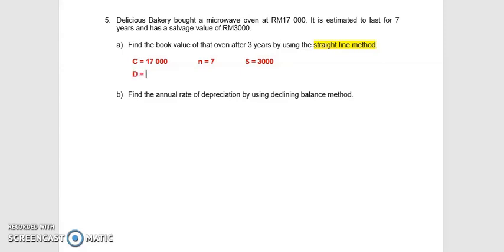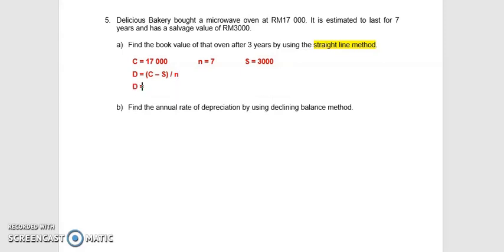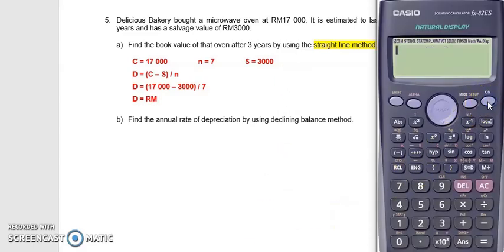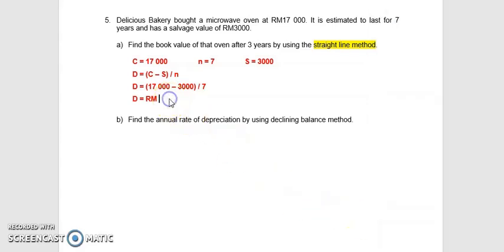D equals cost minus S divided by N. So cost 17,000 minus S 3,000 divided by 7. 17,000 minus 3,000 is 14,000, and 14,000 divided by 7 is 2,000. So annual depreciation is 2,000. Every year it depreciates by 2,000.